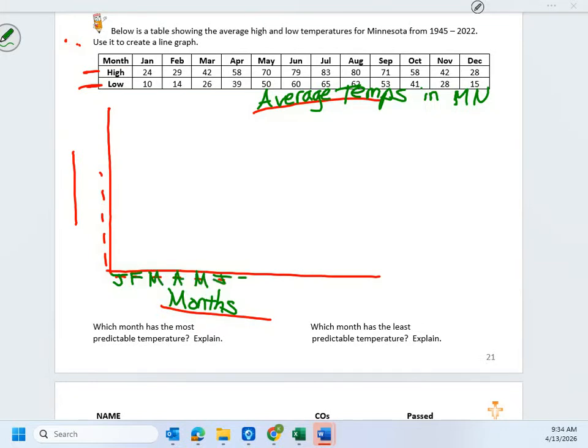May, June, July, August, September, October, November, December. So what do you think we're going to put on the y-axis? What are we going to put going up? What do you think we should put, Rhoda? Temperatures.